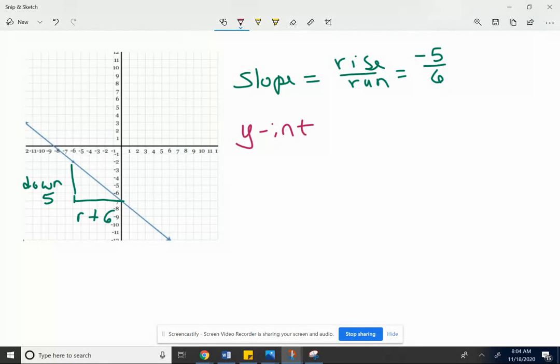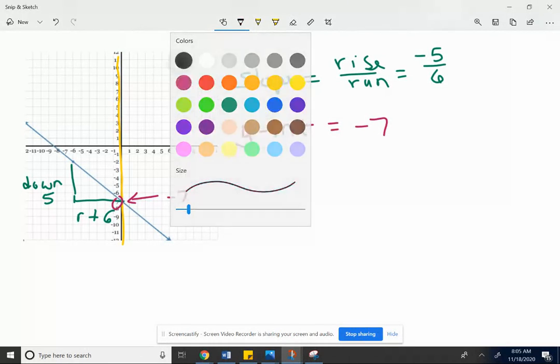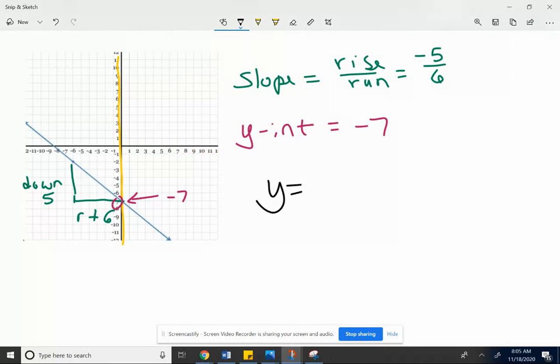Your y-intercept is where your line crosses your y-axis. Here's the y-axis. So your y-intercept is where the blue line that they gave you crosses the y-axis. That's at negative 7. So your equation is just putting those two things in.